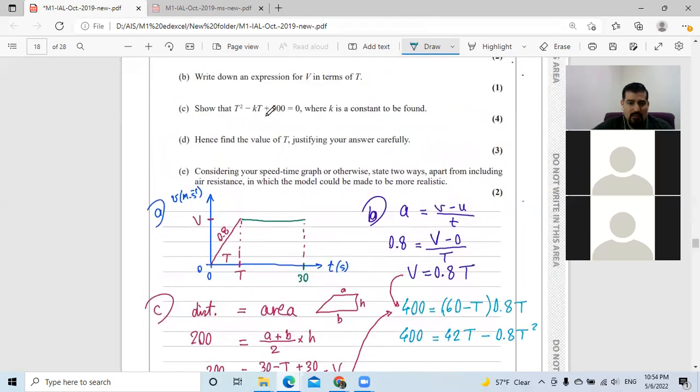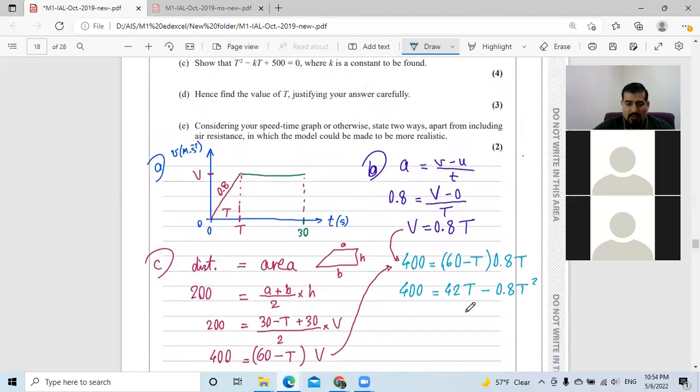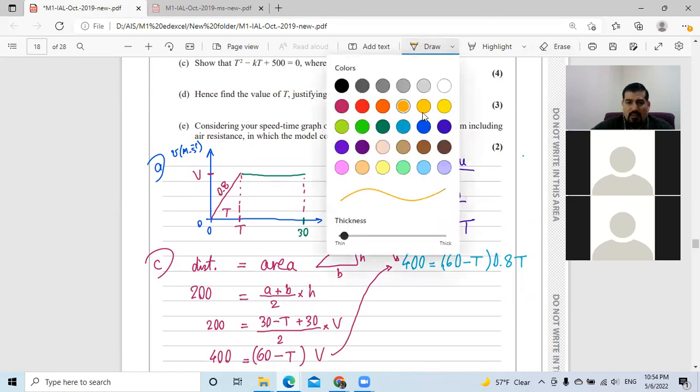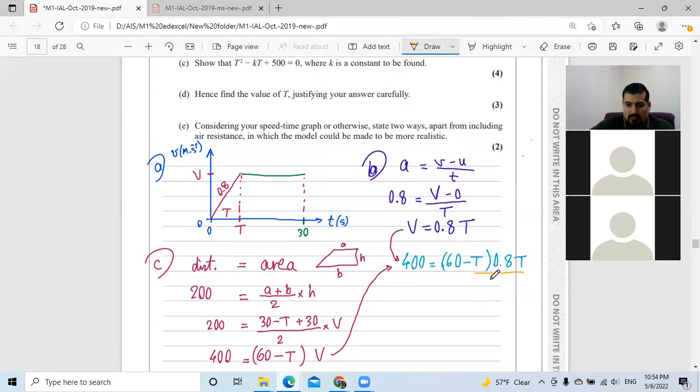Now it's supposed to be equal to 500, so I'll divide all this equation by 0.8. It's better for us to divide by 0.8 from the beginning. Why did we do this? Okay, so let's do 0.8 over 0.8, so that means 500.